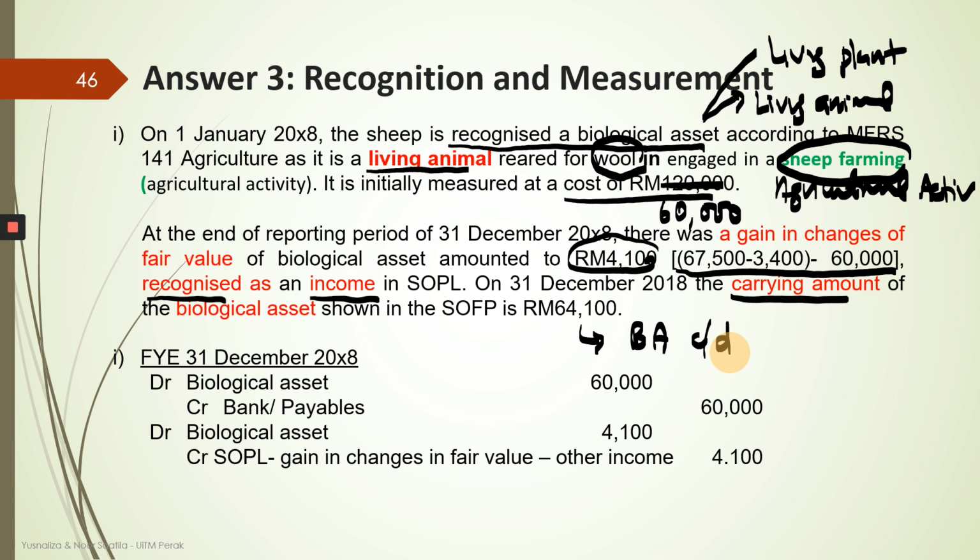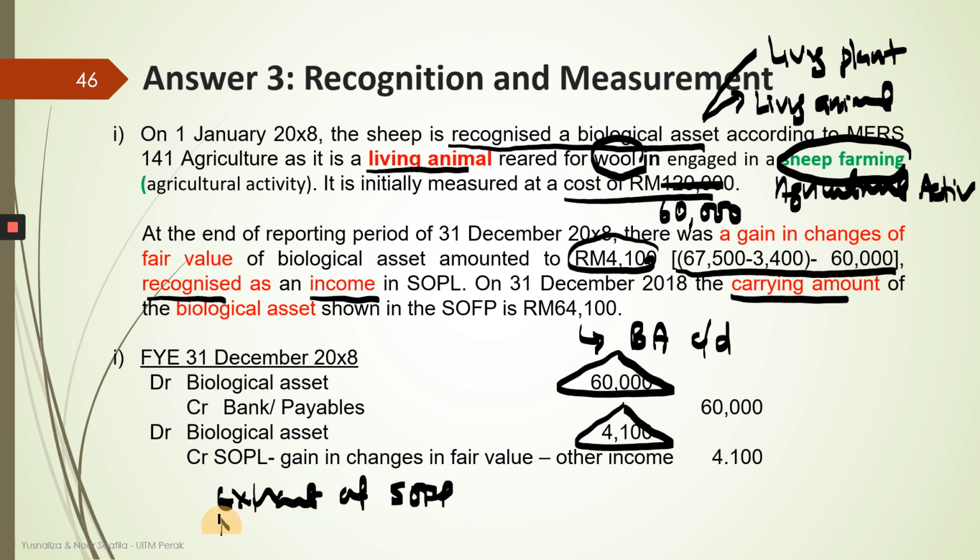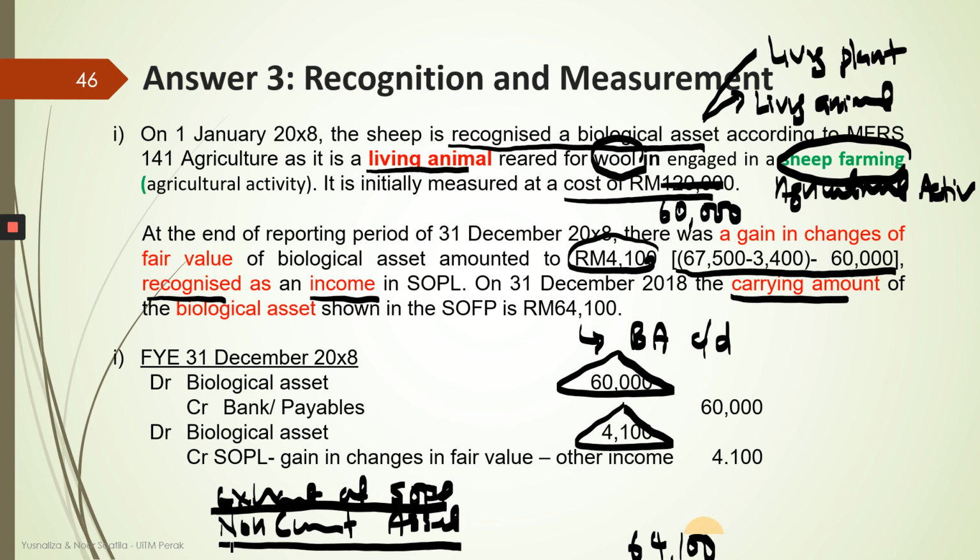So the biological asset now will be this 60,000 plus this 4,100, and that will be shown in your extract of SOFP under non-current asset, and that is going to be 64,100, your biological asset.